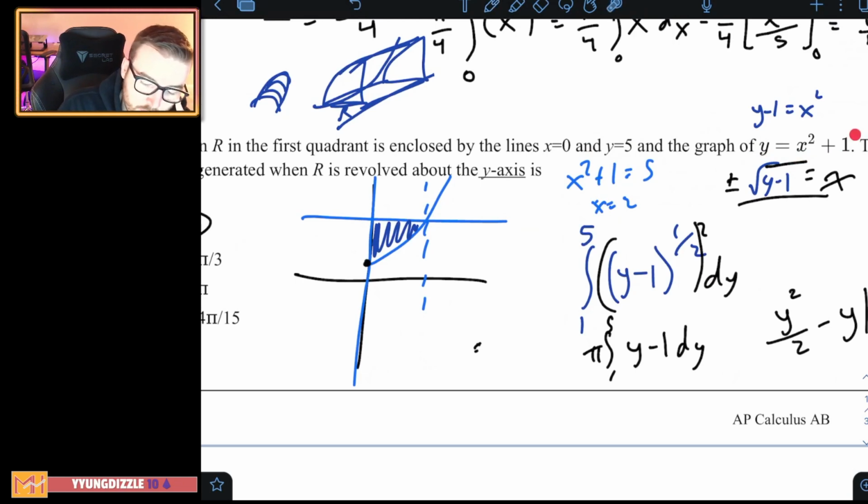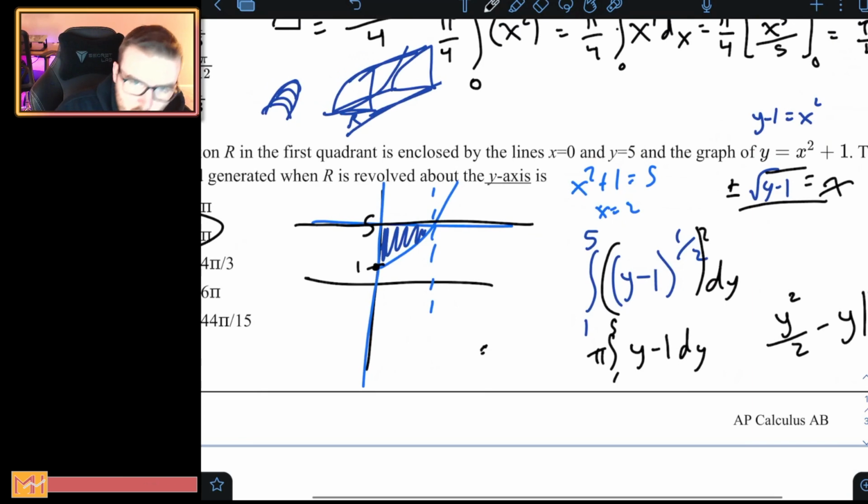That's what this vertical shift up 1 is telling us. So we know that this is touching the y-axis at 1. And then because this is the line y equals 5, we know that that's the top of the region. So from 1 to 5.